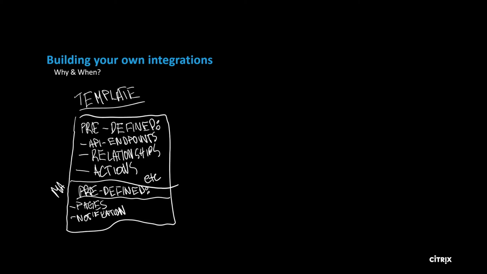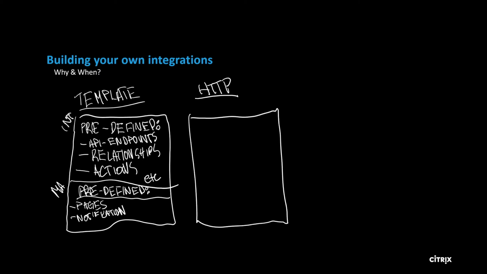So that's worth remembering, right? And all of this is, of course, using the HTTP protocol as well. But when it comes to what we refer to as the HTTP integration, that actually means that you have to manually define a few things, right?